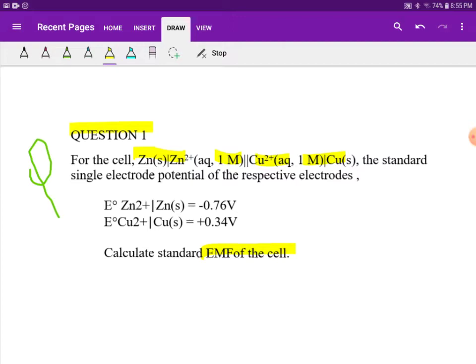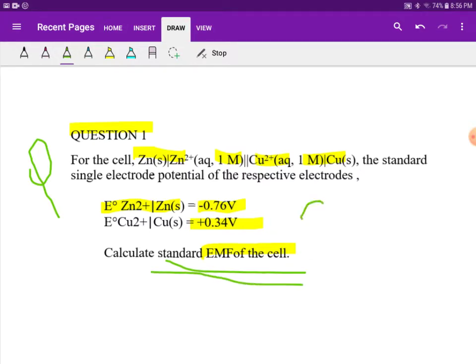They are the standard states, and you are provided with the standard reduction potentials of zinc/zinc ion and copper/copper ion, that is, of the anode and cathode. For zinc/zinc ion, the standard reduction potential is minus 0.76 volt, and that of copper is plus 0.34 volt. Then you have to calculate the EMF of the cell.